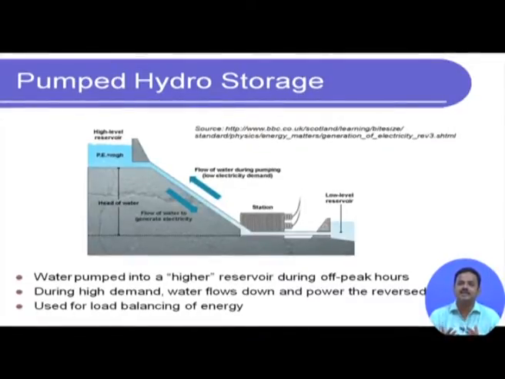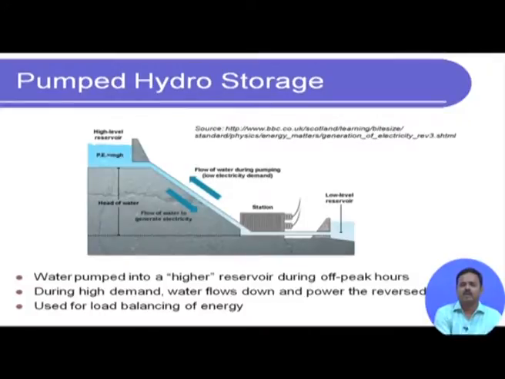This is the energy that is released, let us say during the daytime when the demand is higher than supply. Then this water from the upper reservoir flows down and hits the turbine. As we recall, the type of turbine used is the Francis turbine, which can function both as a pump for pumping it up as well as a turbine.